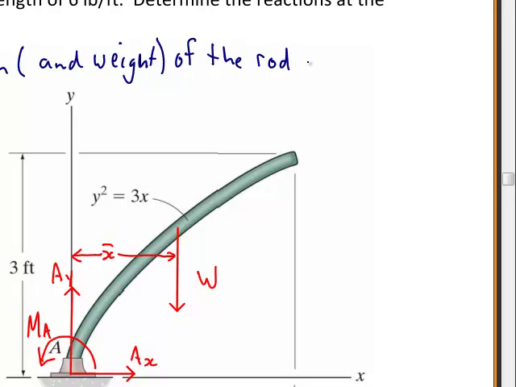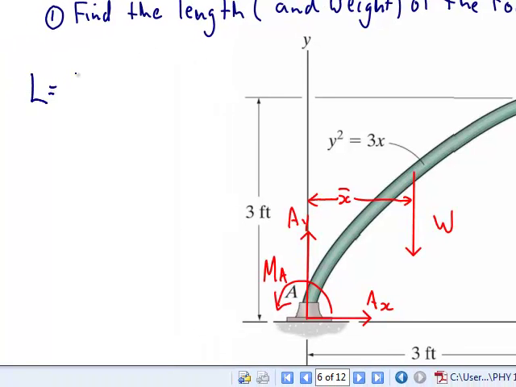So how are we going to find the length of the rod? Right, we're going to do the arc length formula, which basically says L equals the integral of dl.